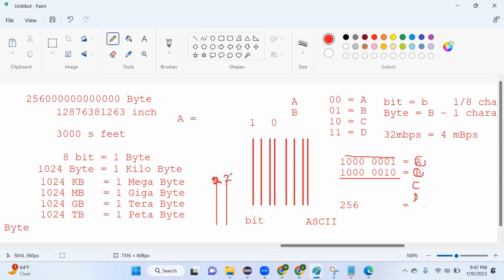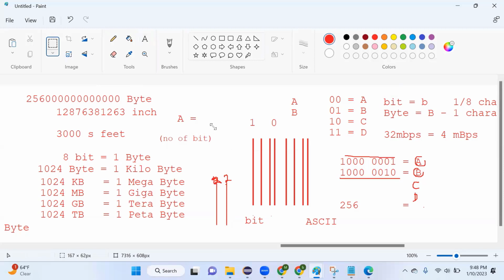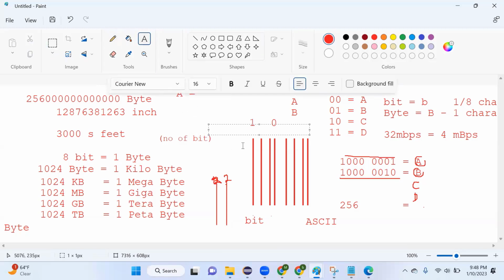How do I get it? Number of bits, let me write it in small font, is the power, and the base is the number of states, 2 states of each bit.